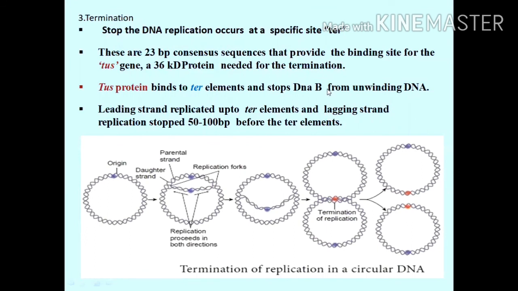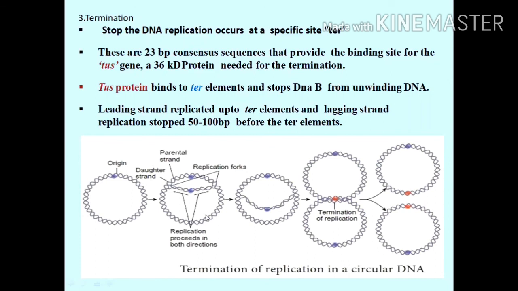So it prevents the DnaB activity, that is nothing but helicase activity. The leading strand is replicated up to the Ter elements, and the lagging strand replication stops 50 to 100 base pairs before the Ter elements. This red spot indicates the termination of replication, which contains the Tus gene. The Tus gene encodes a protein molecule that binds the Ter elements and stops the DnaB activity.